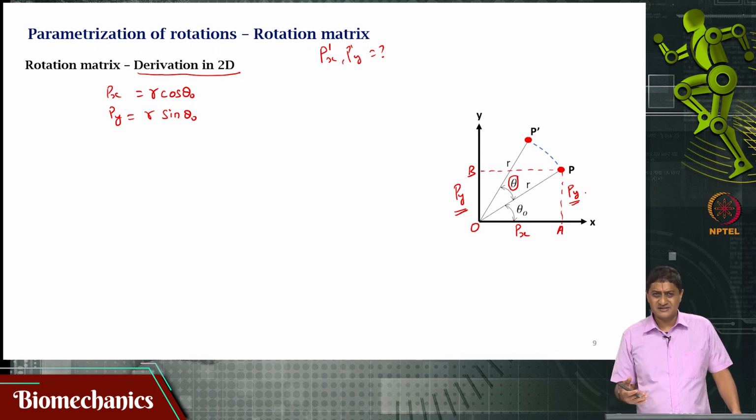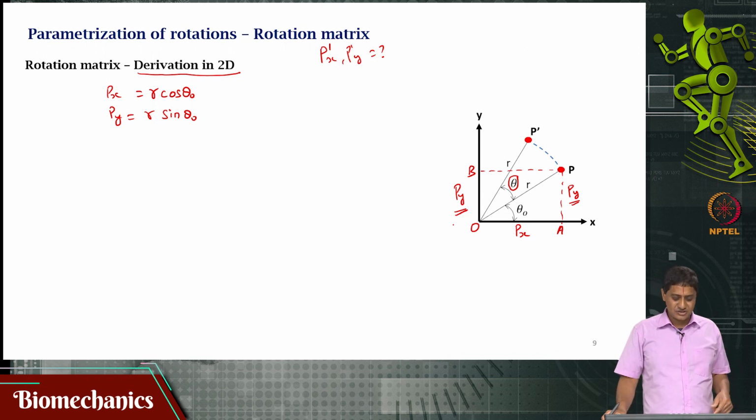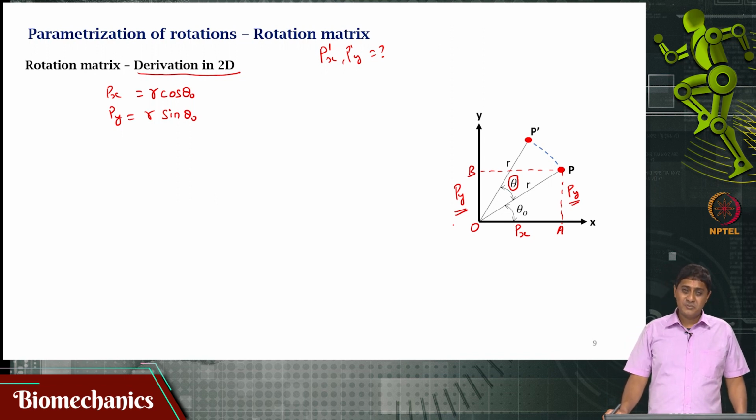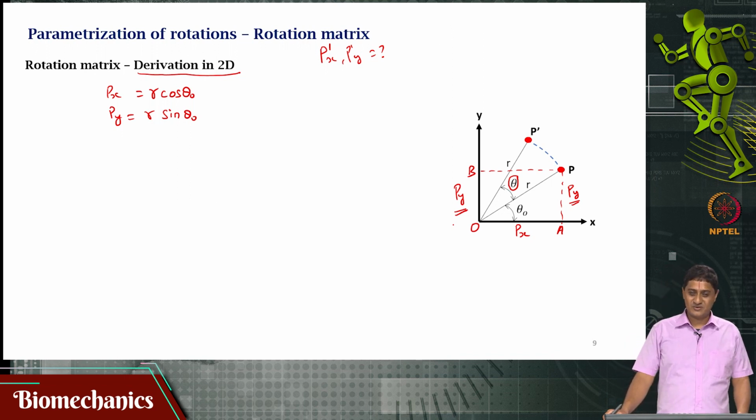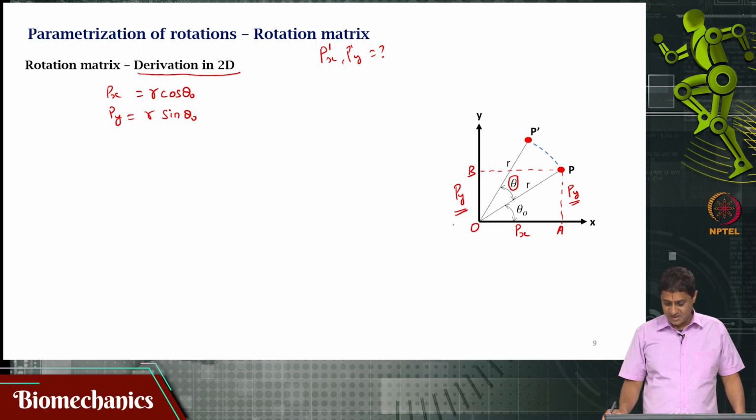There are many ways of discussing this, I am discussing it in this way. So, Py is r sin theta naught. Remember that this is the case of pure rotation, in which the object is not undergoing any translation. So, r remains the same.